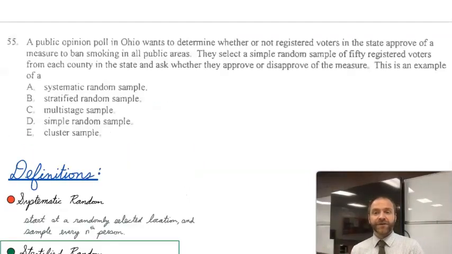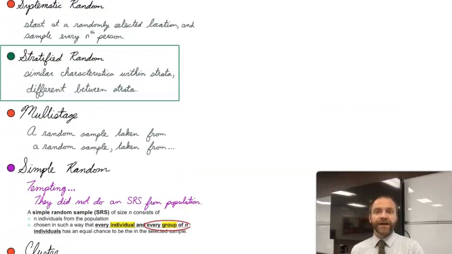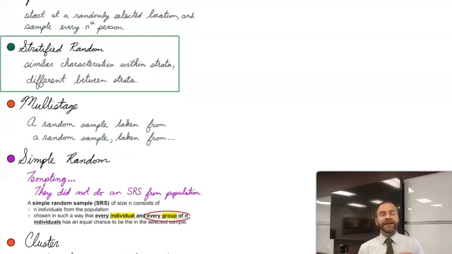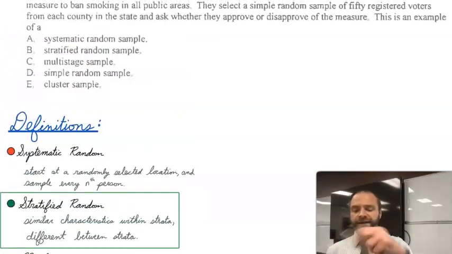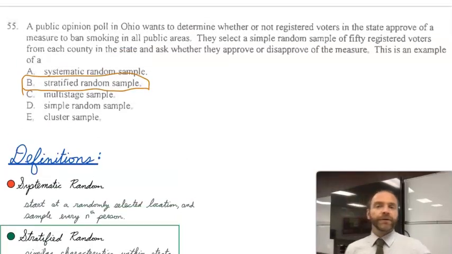That sounds like what's going on in our problem. In our problem, we are dealing with a stratified random sample. Each county is a strata, and we're doing a simple random sample of 50 from each one of those. So the answer here is going to be choice B, a stratified random sample. Hopefully that helps you with question 55.